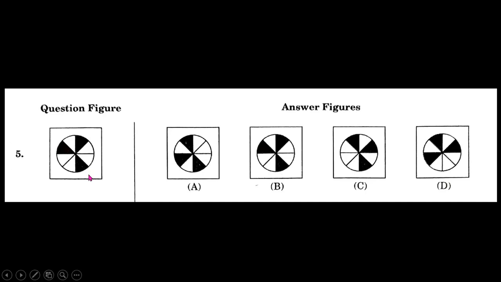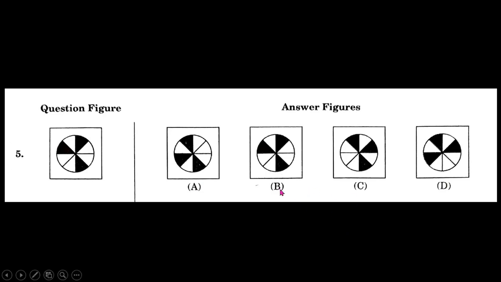So let us have a close observation of all these answer figures one by one. Observing answer figure A, we notice the three white parts lying one beside the other, which is not in the question figure. So answer figure A is not the required answer.